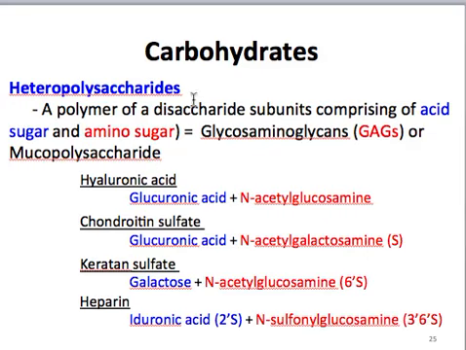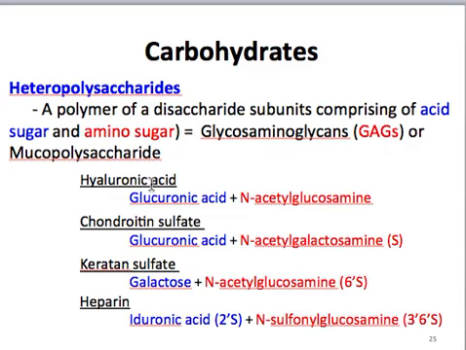Heteropolysaccharides comprise different types of monosaccharide. Glycosaminoglycans, or GAGs, also called mucopolysaccharides, are a major type of heteropolysaccharide of which the disaccharide subunits are an acid sugar and an amino sugar. There are four types of well-known GAGs.